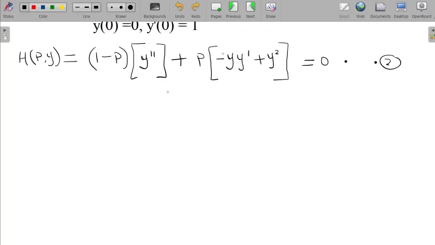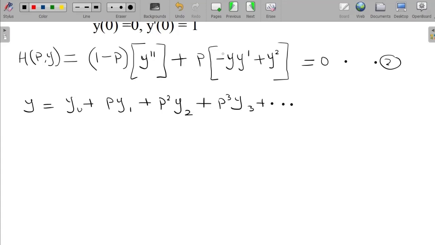We are going to construct the power series for y, written as y0 plus p y1 plus p² y2 plus p³ y3 and so on. So substituting this into equation 2 and then equating by power of p.